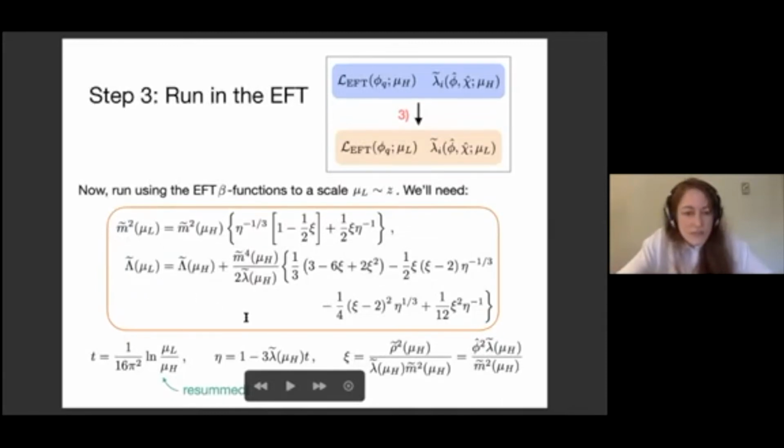You don't have to pay too much attention to the explicit form, but the point I want to make is that this running is what sums the large logs. These are functions of this eta, and this eta depends on 1 over 16 pi squared log mu light over mu heavy. So they've been resummed into these etas, which happened by integrating the one loop RGE of the EFT, defined by this EFT Lagrangian.